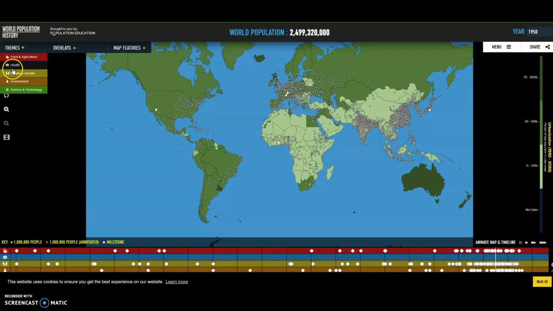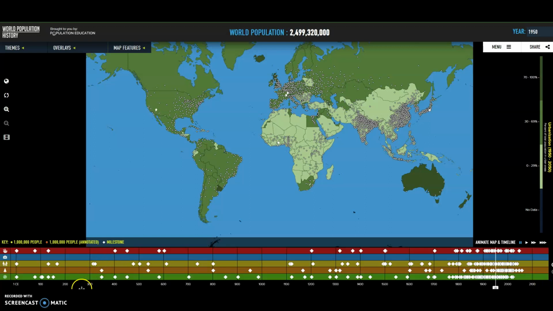We can look at the health. And so changing the themes will turn on and off these particular dots down here. And what's happening here is we're looking at how these things have changed over time, right?